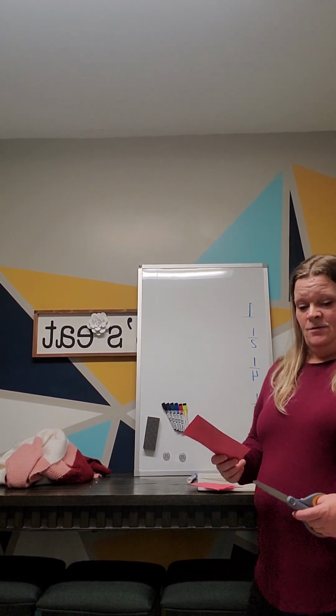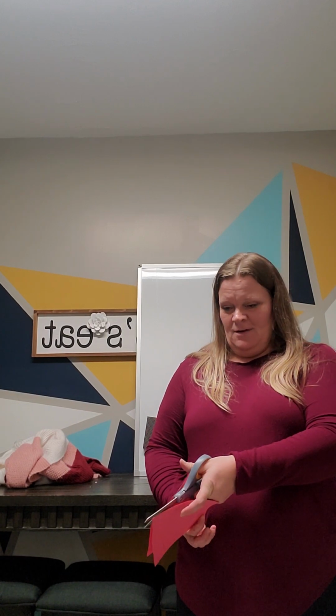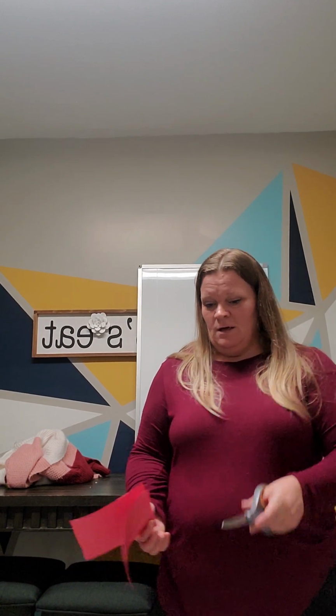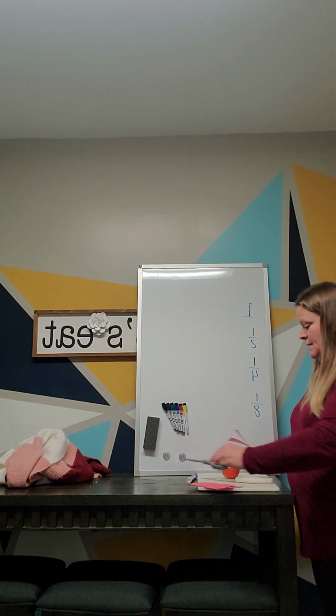I think we're cutting it the wrong way, but that's okay. Did you cut up your line, or are you cutting up the middle? You're supposed to cut your line like this. Cut your fold, like your fold's right here. Yeah, it's okay. You can cut up the fold, because we're going to cut up the fold again in a second. Okay? It's not a big deal.